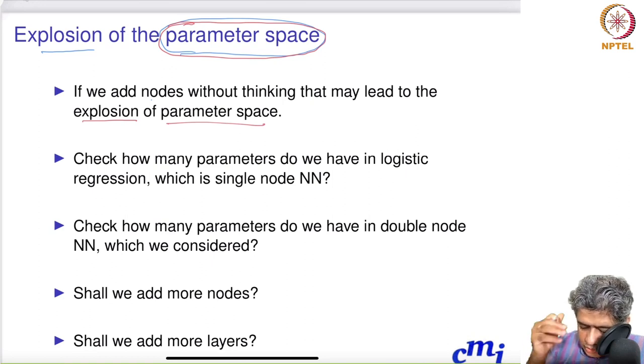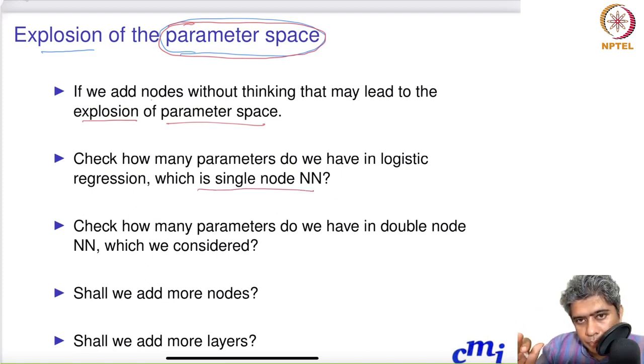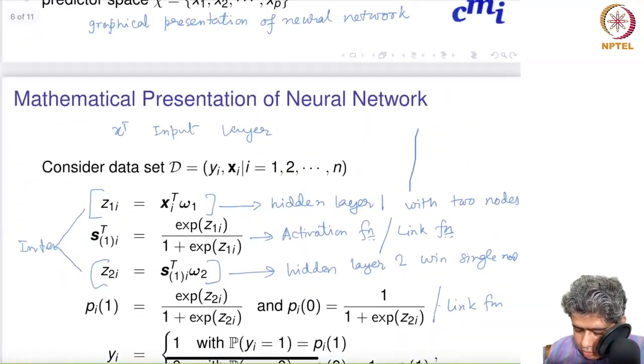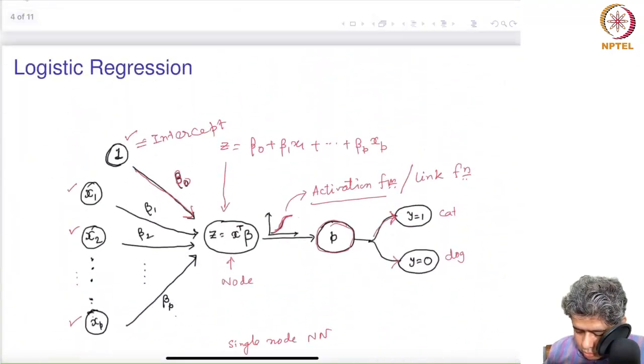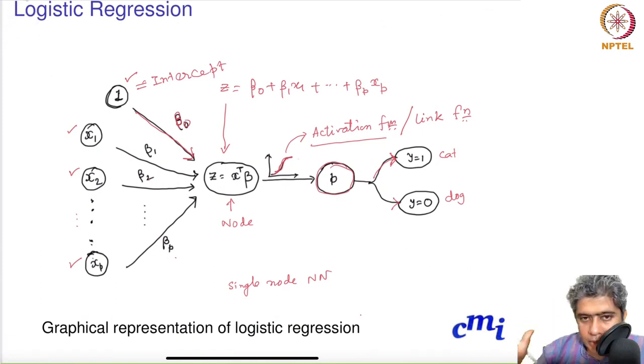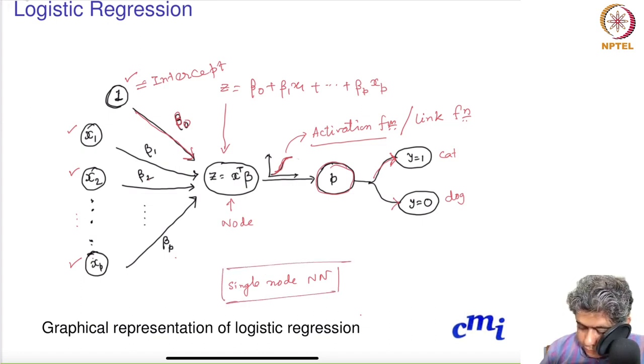Check how many parameters we have in logistic regression, which is a single node neural network. So stop the video for 5 minutes, go back to the logistic regression. Let me just go back here, and see how many parameters you see in a single node neural network.